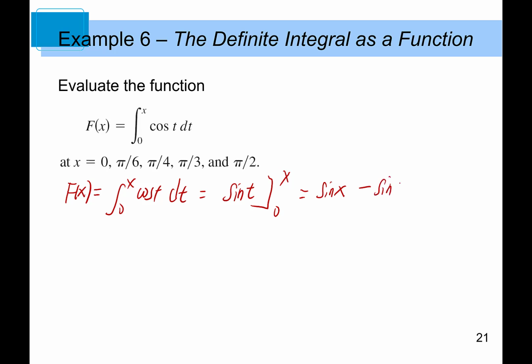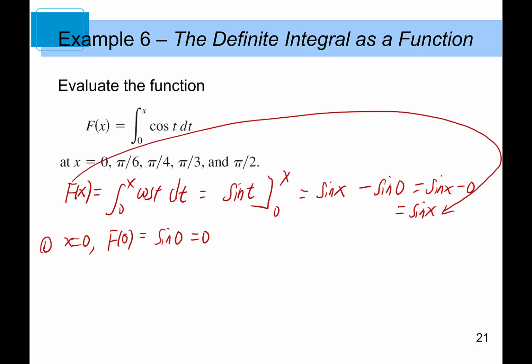From 0, you get sine 0, which is 0, so it becomes just sine x. And for the first case, when x equals 0, F of 0 equals sine 0, which is 0. Because eventually you know that right here F of x equals sine x.